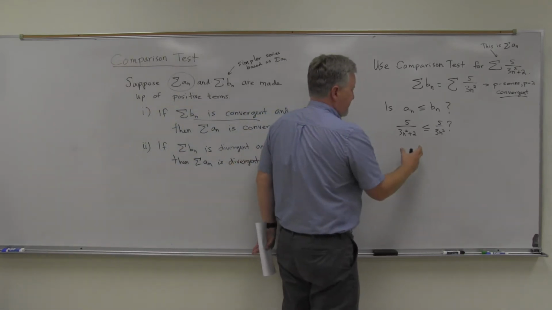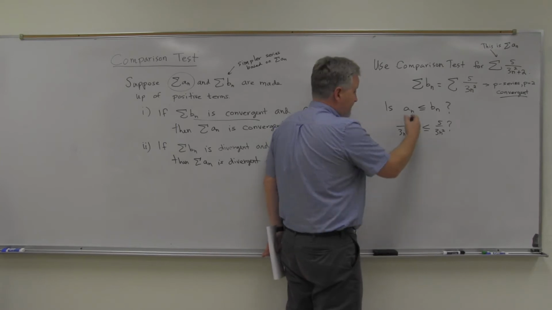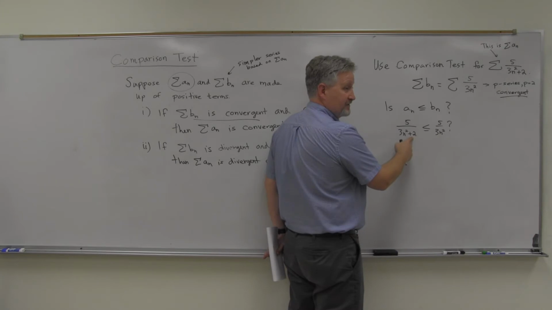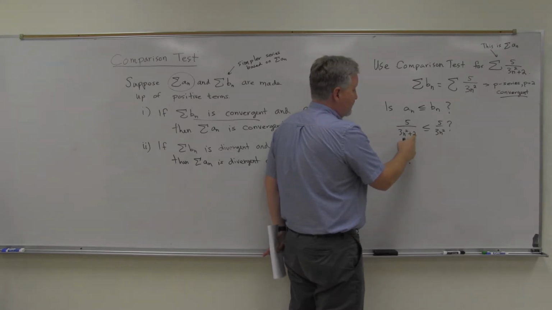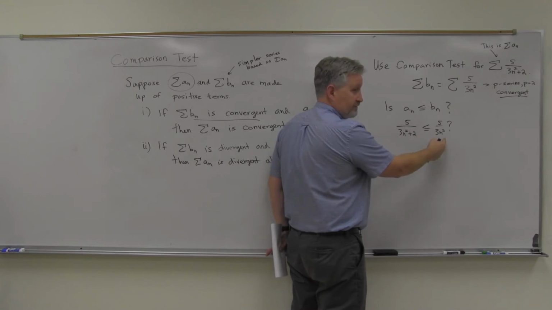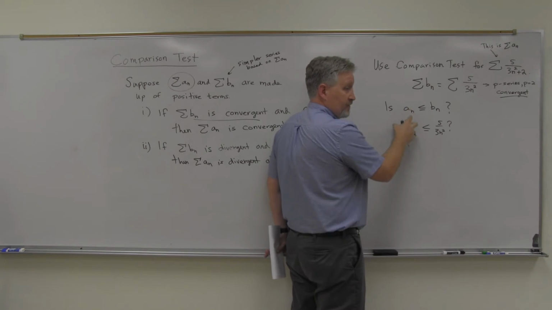Comparison like this is sometimes pretty easy. Here it's exactly the same, except this one's denominator has a plus 2, right? So what I could say here is these are the same, except this denominator is larger. If the denominator is larger for each and every n, denominator larger means smaller overall number, doesn't it?